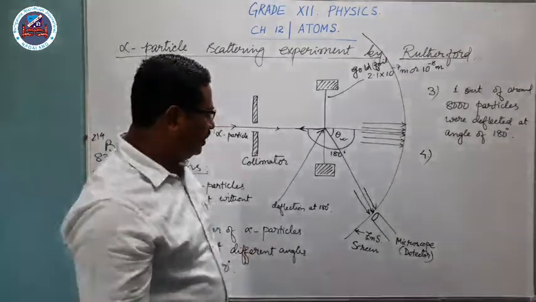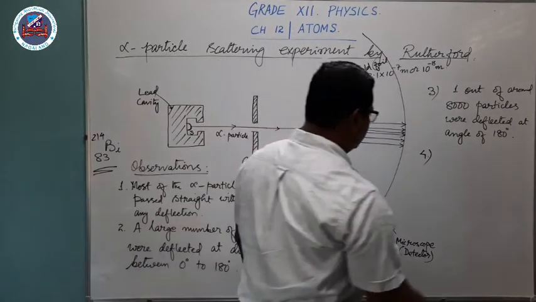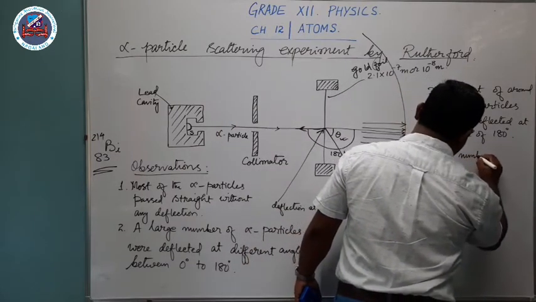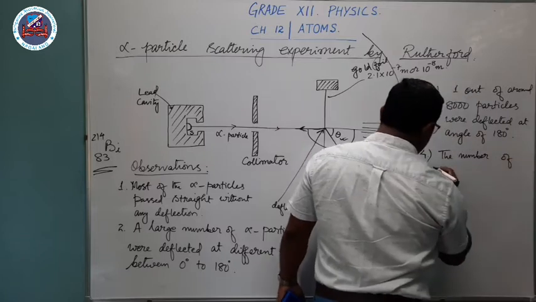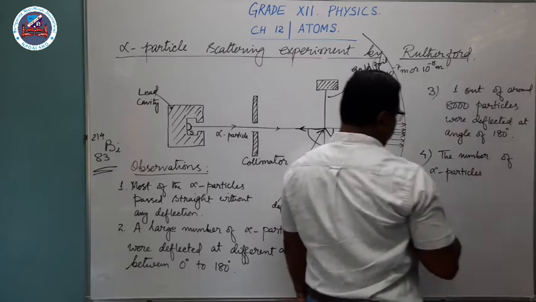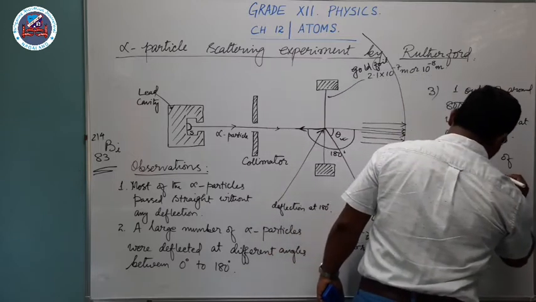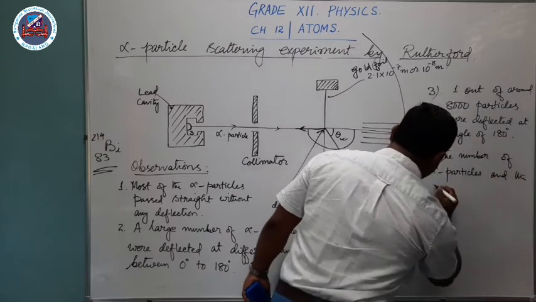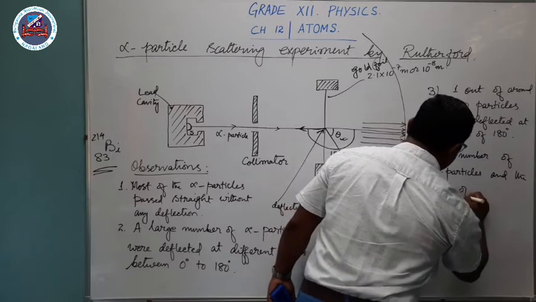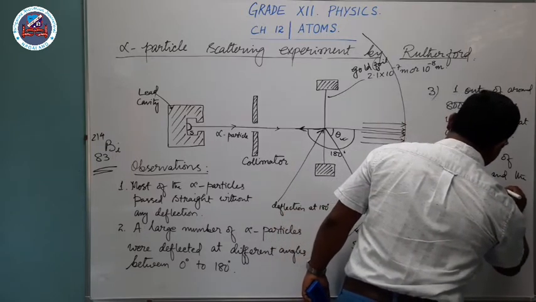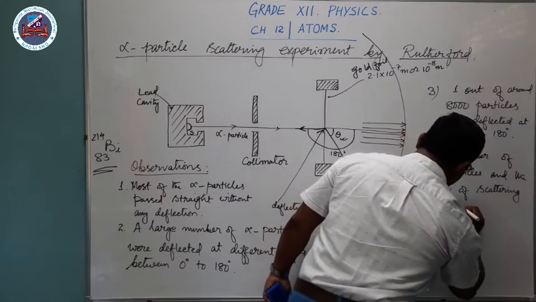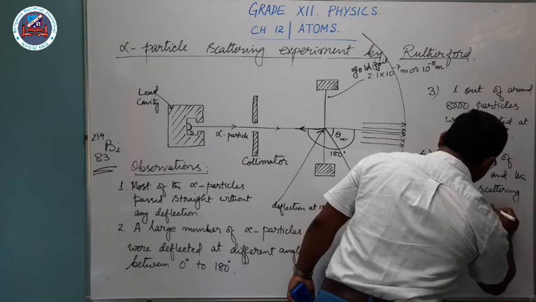Graphically you can show the number of alpha particles and the angle of scattering like this.